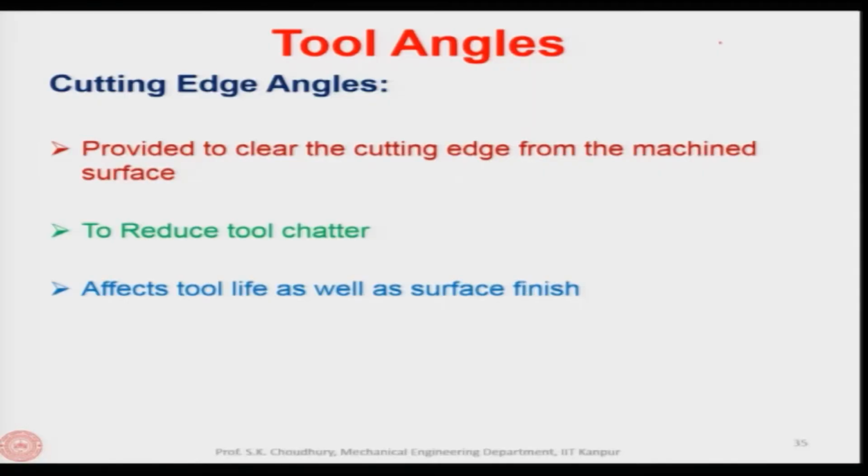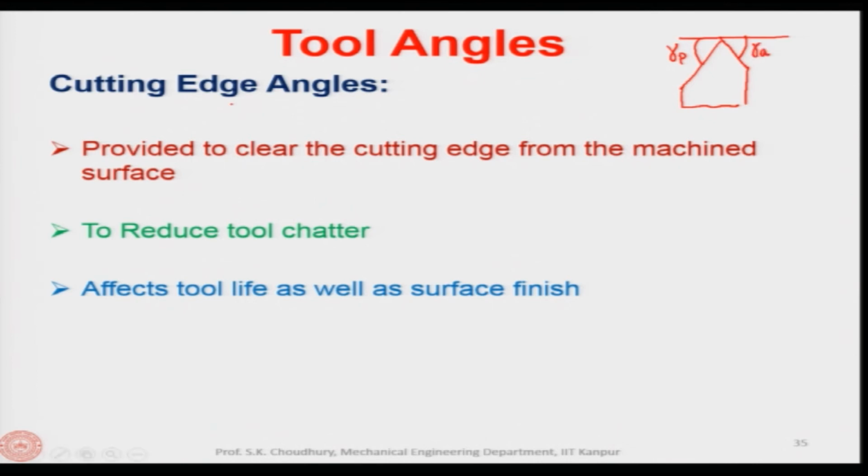Now, the cutting edge angles. I will remind you that the cutting edge angles are those angles which are made between the cutting edges. So, this is the principal cutting edge, this is the auxiliary cutting edge, and the cutting edge angles are between the principal cutting edge and the auxiliary cutting edge. Okay.